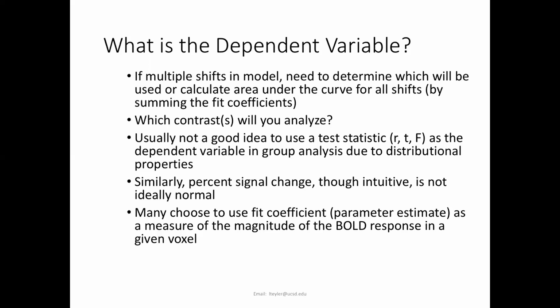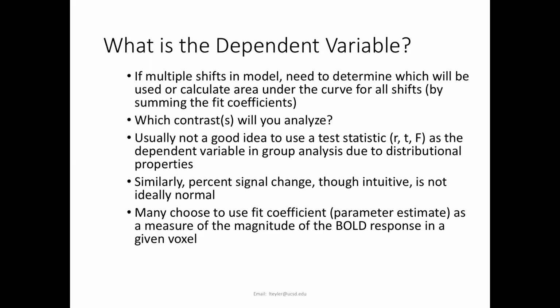And so again, you have to decide which of those sub-bricks, which of those numbers, you're going to put into your group analysis. In general, it's not really recommended to use the inferential statistic, so a T or an F or an R if you're doing a regression type analysis, because the distributional properties of those test statistics are not ideal for going into a group analysis.